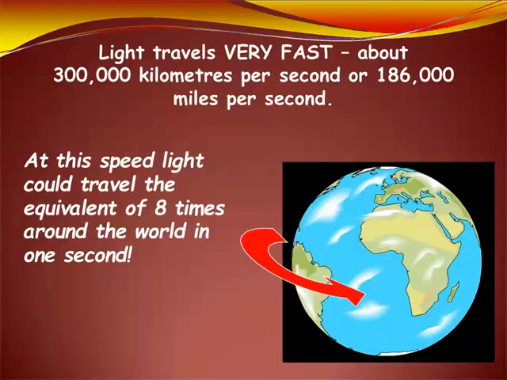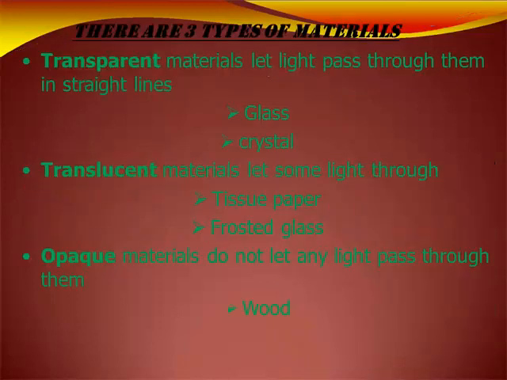Okay, that means it's not that it travels very slowly. If we just imagine, it travels 8 times around in 1 second. Understood? Then we will move towards what we discussed in our previous slide, the objects.